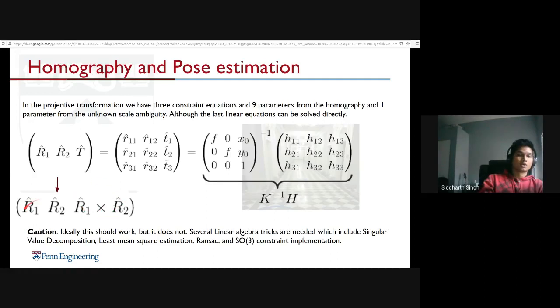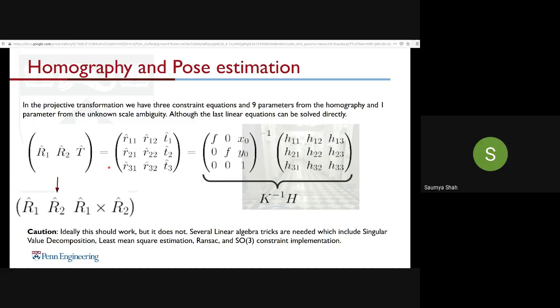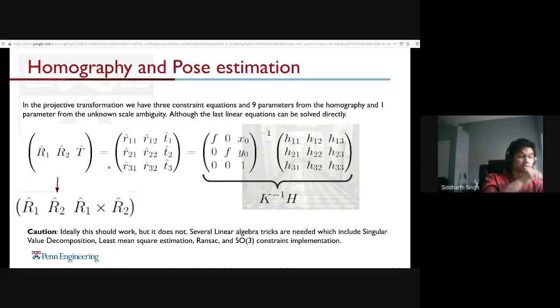So I have R1, I have R2, and I can find R3, which is actually what we eliminated when we assumed that all the points lie on the same plane, right? So we did no harm by eliminating that R3 because we can ultimately find it, right? And to extend that, that plane can also be the y plane or the x plane.